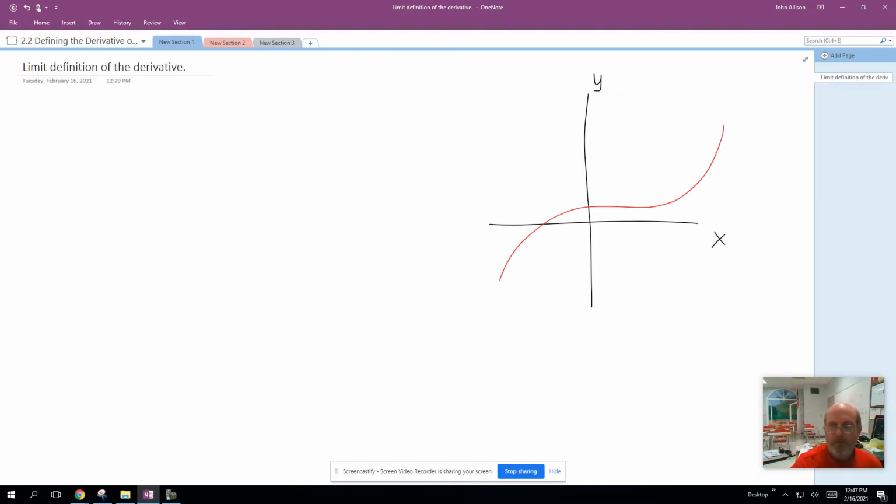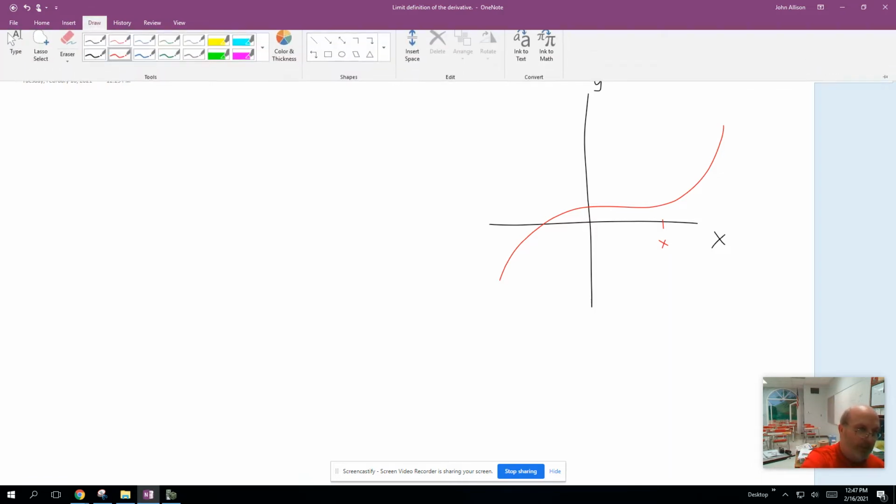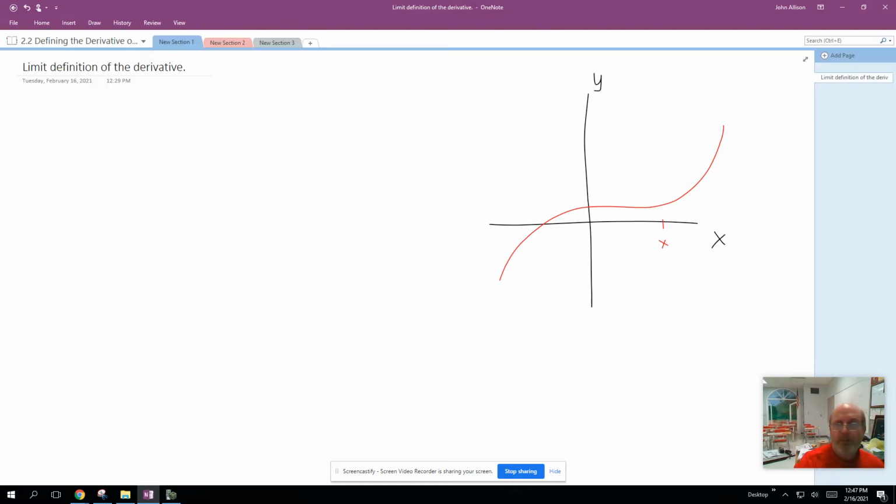And if you pick any value on that function and call it x, then if this function meets certain conditions, which we'll talk about later, that function has a tangent line to the curve at x.